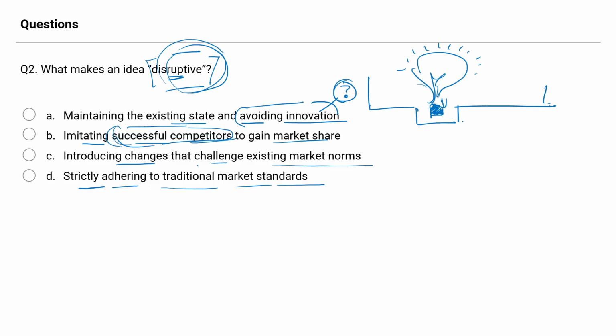Second is introducing changes that challenge existing market norms. Whatever the current practice in the market is, you're trying to bring certain changes to your organization, to your startup, so that you are challenging it. And lastly, strictly adhering to traditional market standards. So you are not doing much change, you are following the market practices.